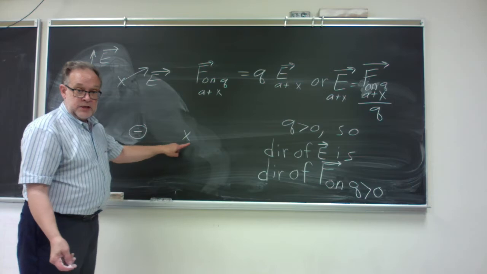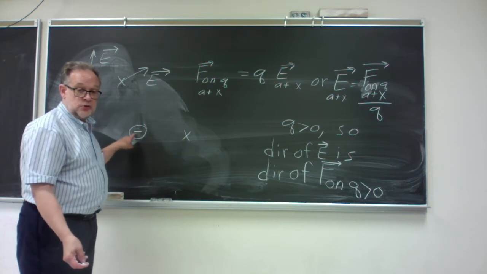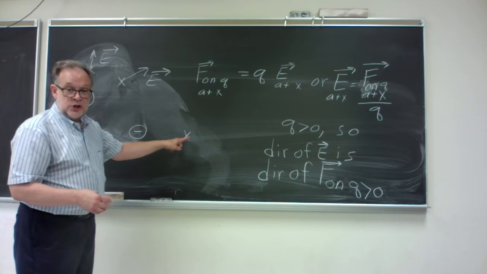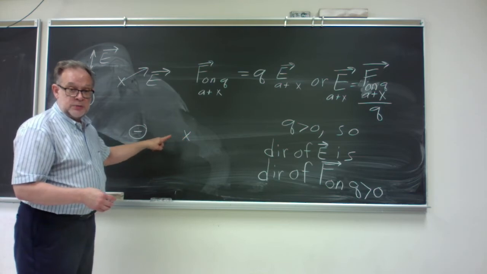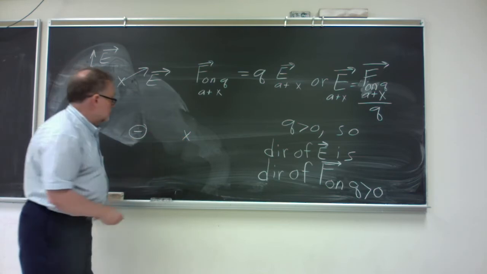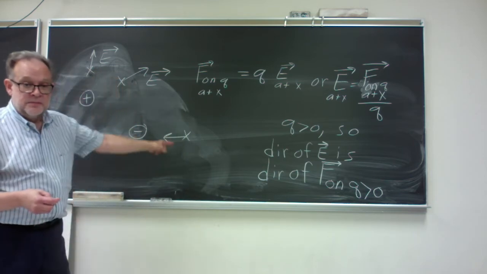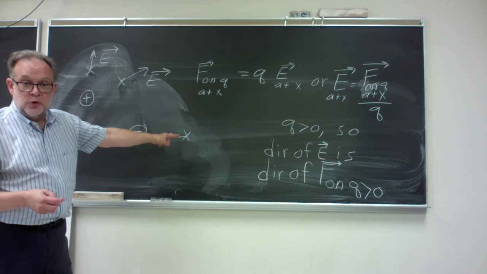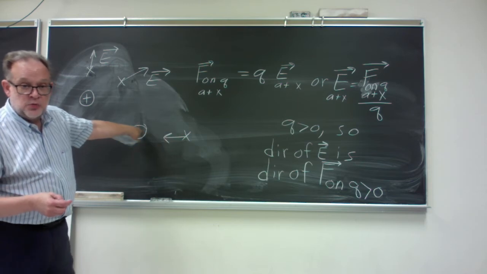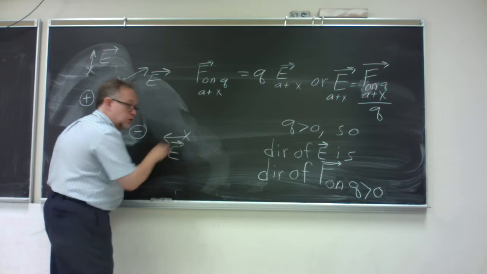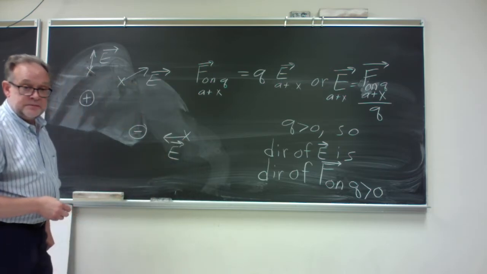Well, positive charge here, there's a negative charge here, so there are attracting forces. This positive charge is pulled towards the negative charge, so the direction of the force on a positive charge, if you put a positive charge there, is this way, so that's the direction of the field at this point.